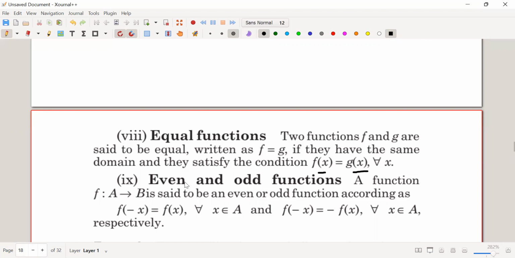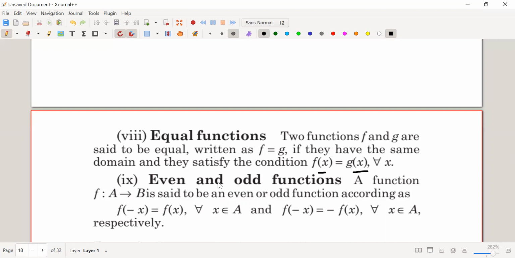Two functions, for example f of x and g of x, are different. A is related to b by f, and g of x is related to c.